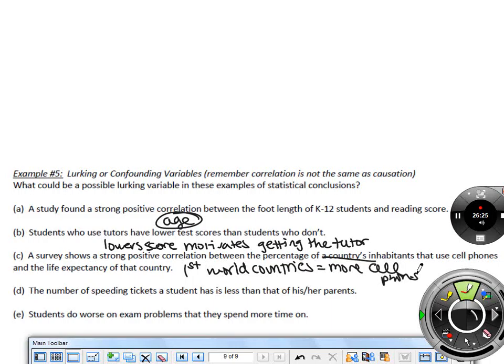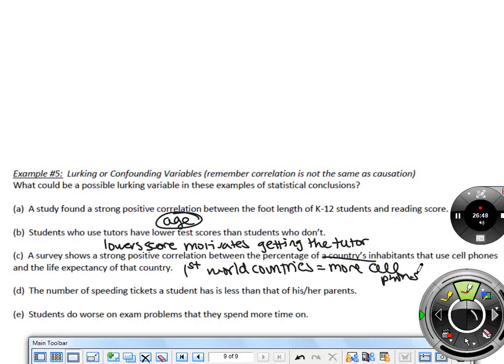So third world countries have some other barriers that they're fighting against, right? Because they haven't fixed those problems for whatever reason, political, social, whatever, okay, monetary. In first world countries, they've solved all of that. So they don't have as many medical issues and things like that. They also happen to have more cell phones because they have more money. It has nothing to do with them using their cell phone more so they live longer, right?